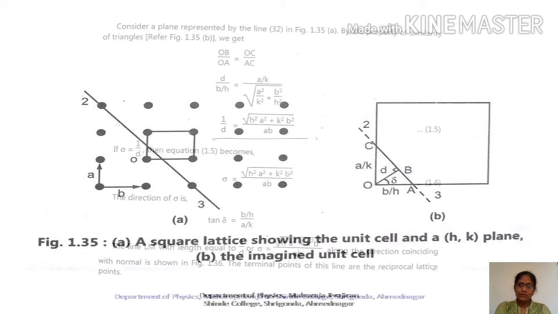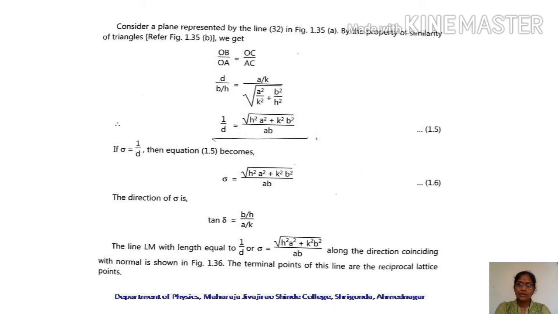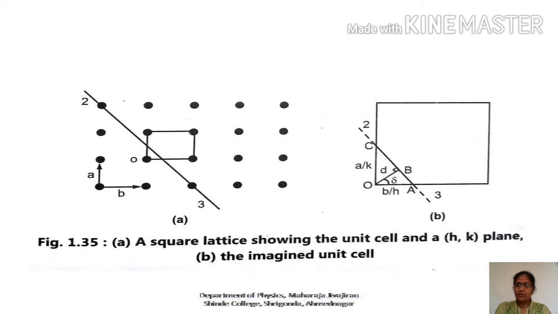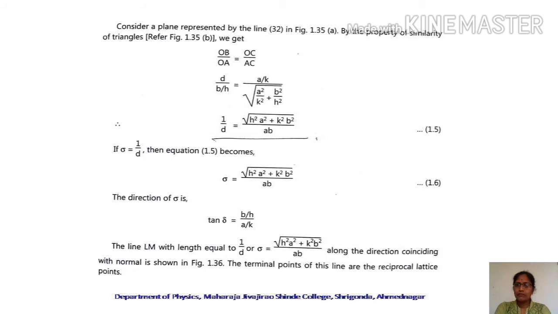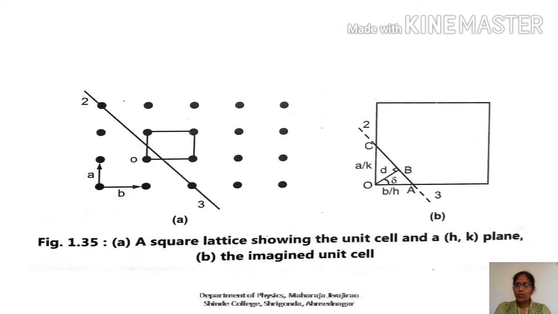By using the property of similarity of triangles in figure 1.35b, one can write from this figure OB divided by OA is equal to OC divided by AC.